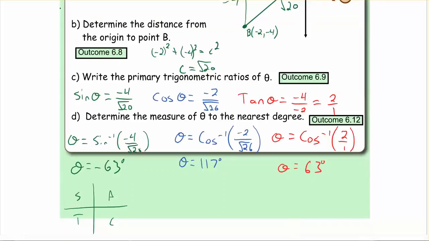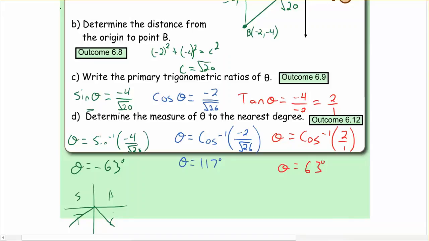Okay, so like I said, the angles here came out a little bit different this time. What I want to show you is what they all mean. The first one, when I found sine theta, I had -4 over square root 20 up here. So sine was negative, right? If I look at my CAST rule down here, sine is negative down there and down there.